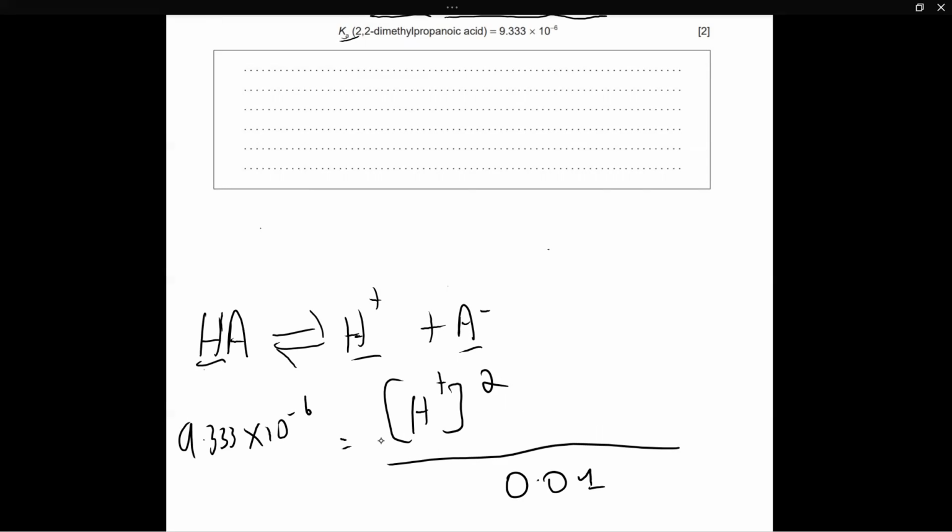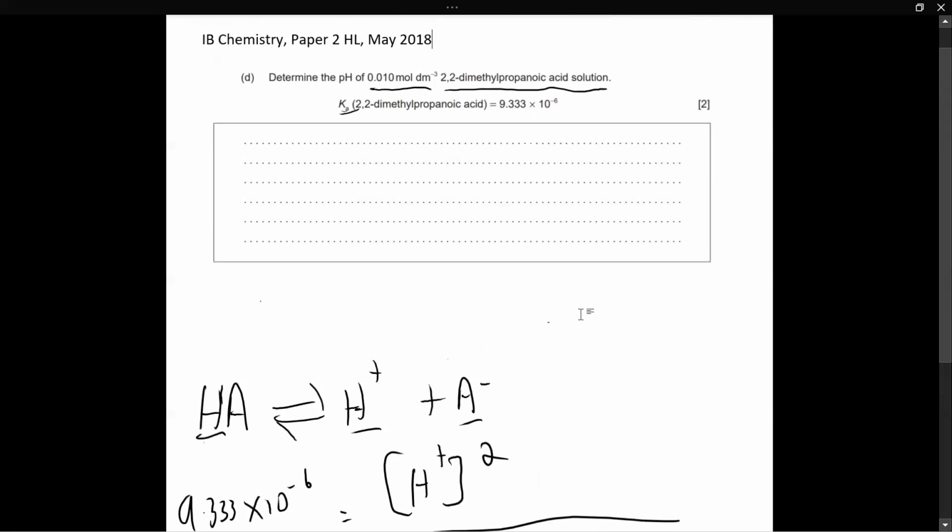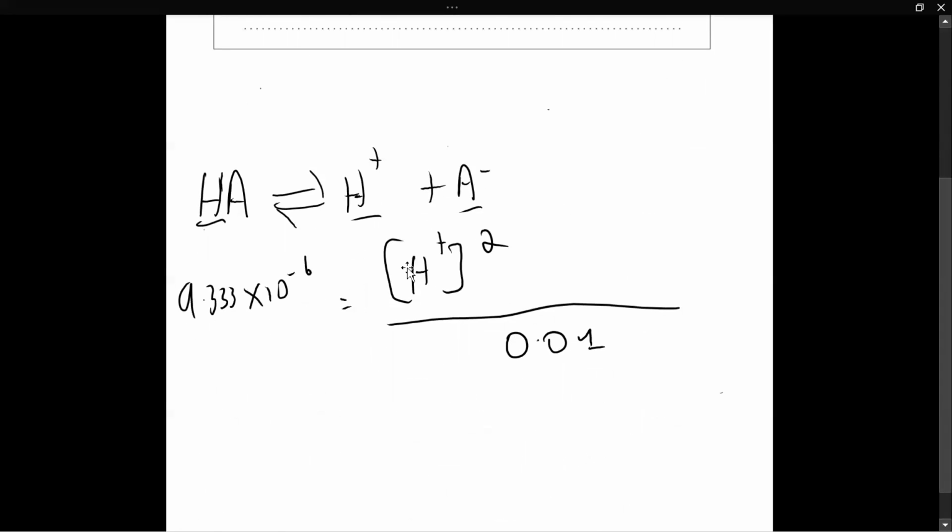So suppose the concentration of H plus is 2 and the concentration of A is also 2, you can just write 2 squared. It's the exact same thing. So similarly, we can write it as H plus to the power of 2, because the concentration of H plus and A minus is the exact same thing.